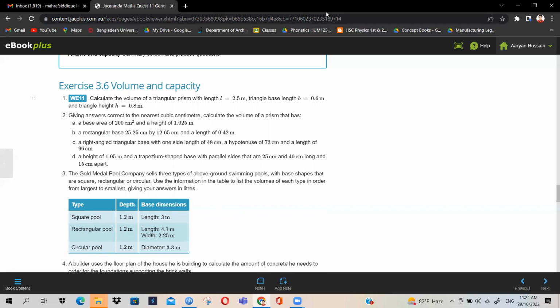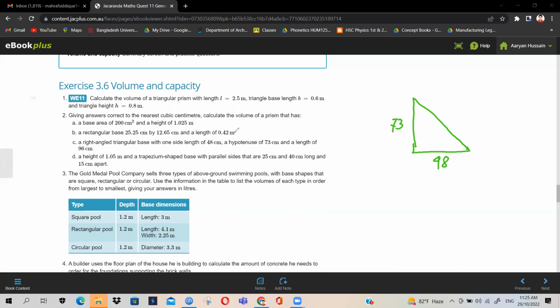Wait, what? One second, let me draw it. A side length of 48 centimeters, hypotenuse of 76 centimeters. So the side length is 48, I think that is what it means, and length means 73.